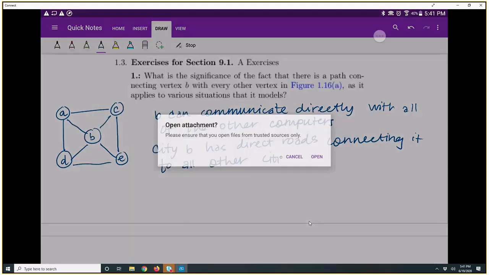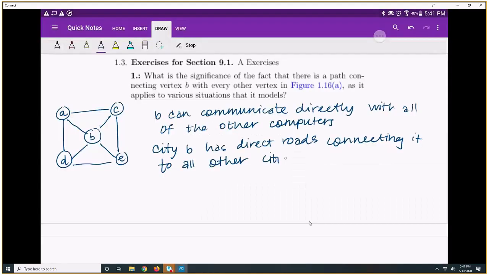Or if we were thinking of this as the floor plan of a house, then we could say that B is a room that has doors to all the other rooms in the house. So some sort of central room.